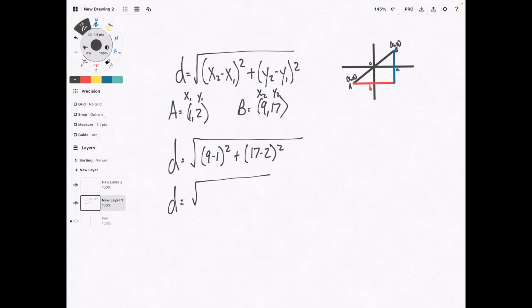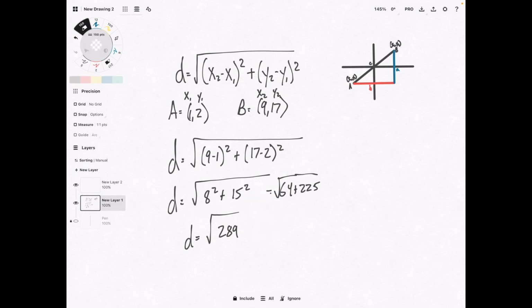D equals the square root of 8 squared plus 15 squared, which is equal to 64 plus 225. That will equal 289, which equals 17. So d equals 17 is our answer.